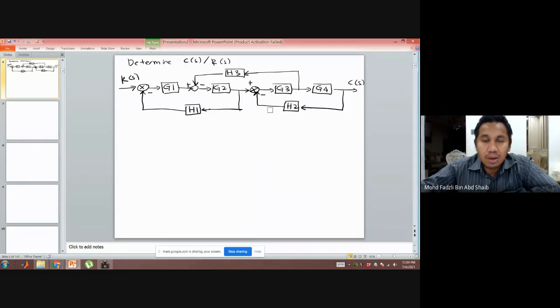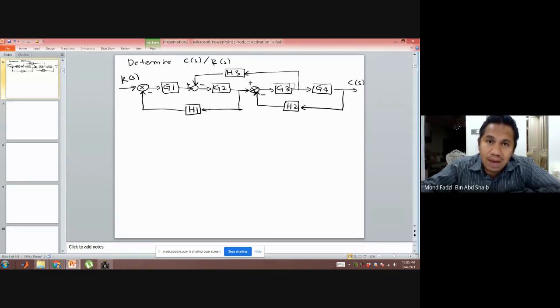Now we have G1, G2, and S1, right? We cannot solve this part because we have S3 in the middle here, and the feedback of S3 is disturbed. How to solve this? We cannot solve this because we have S3. How about this? We cannot solve this too because of what is in the middle here.